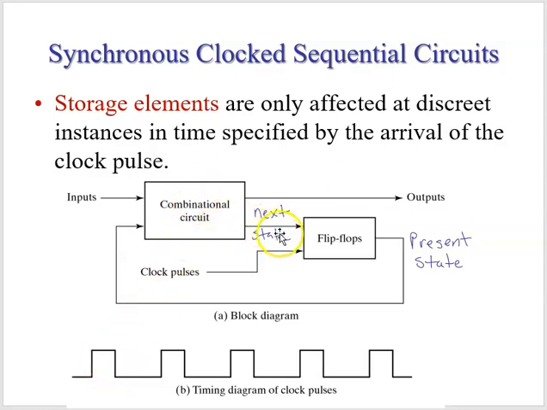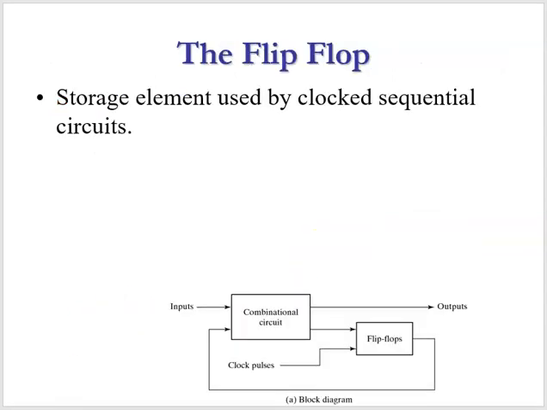So the only way to get from this present state to the next state is this: the inputs can change, but to change what's in this flip-flop we need a transition of these clock pulses. A storage element used by clocked sequential circuits, that's what we call a flip-flop.